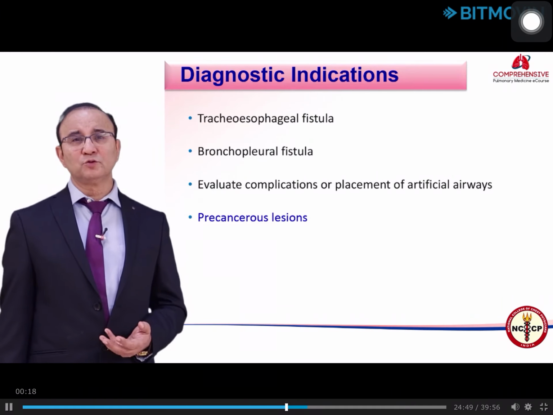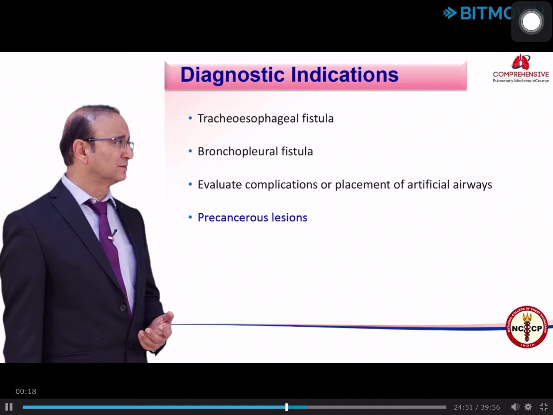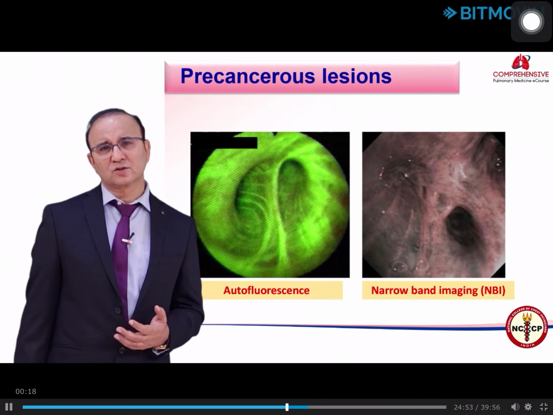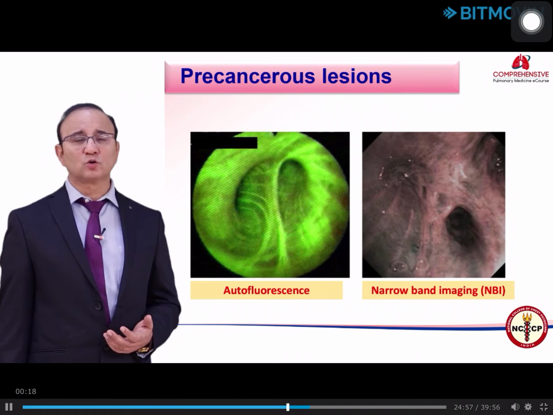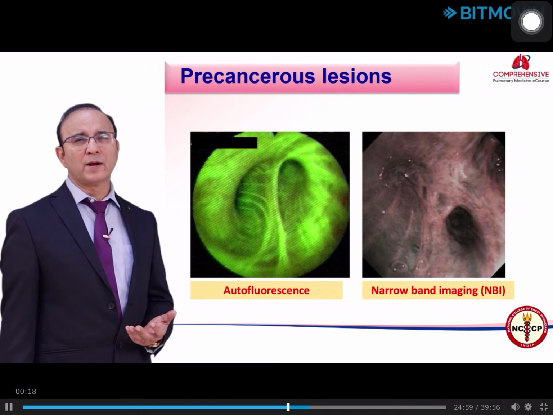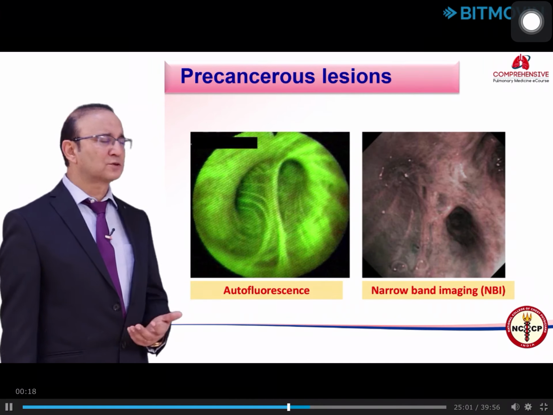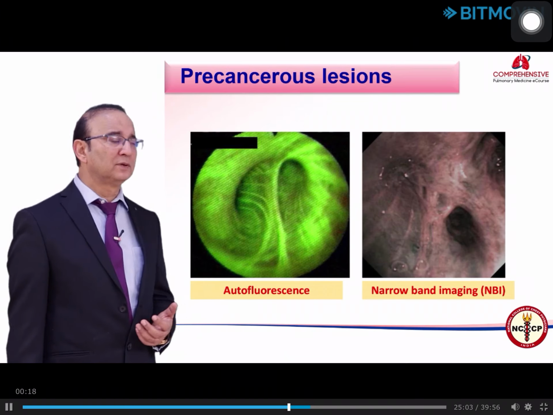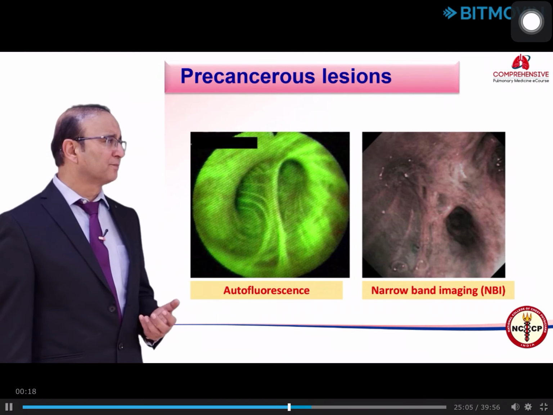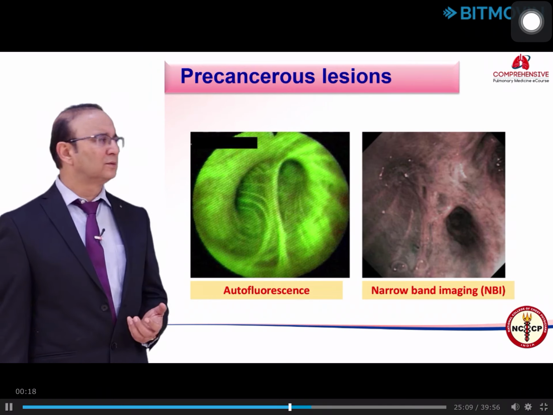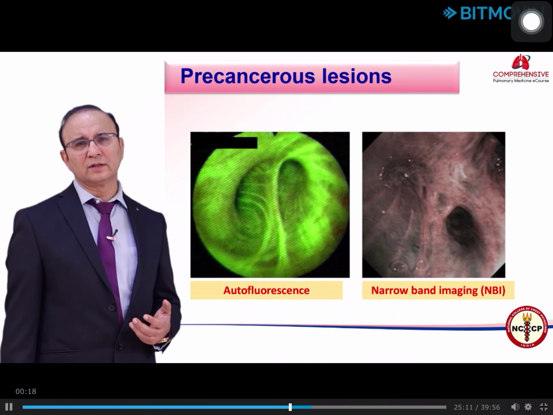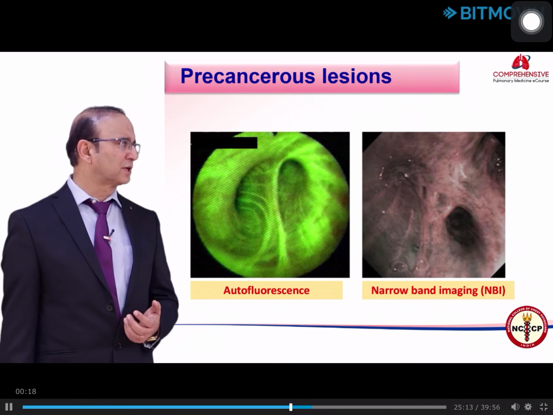Then it is useful in precancerous lesions. In many of these flexible bronchoscopes there is autofluorescence or narrow band imaging available, which can be used to diagnose and sample the precancerous lesion in the trachea or the proximal bronchi and to determine the extent of airway involvement prior to any surgical resection.